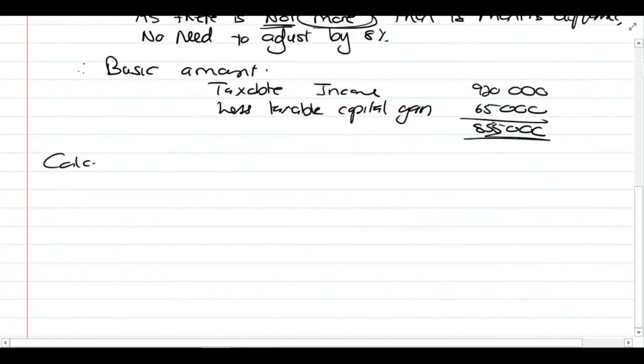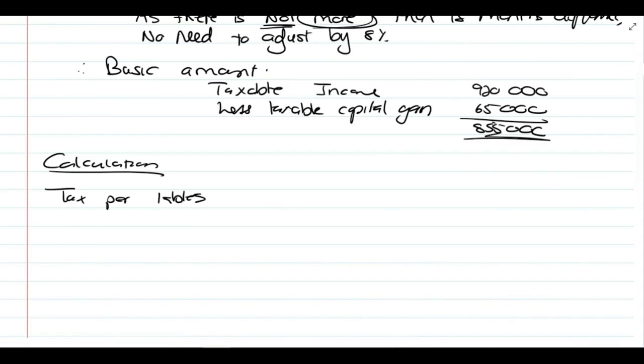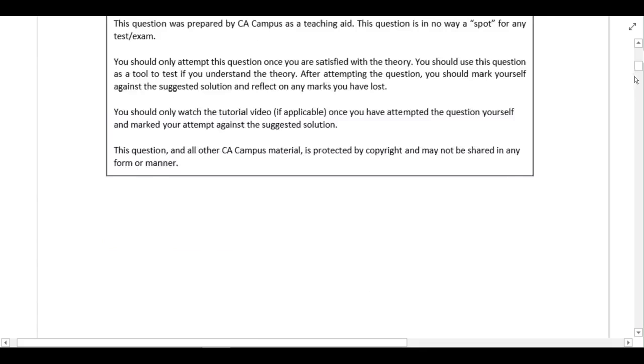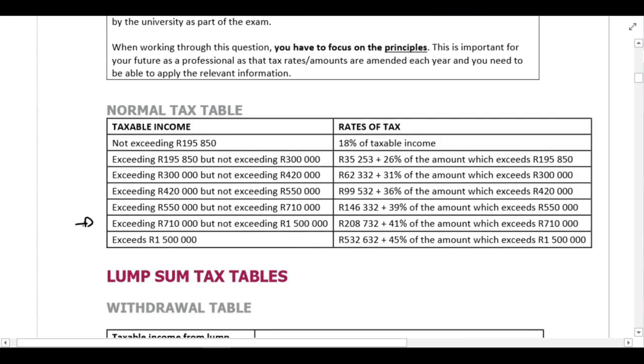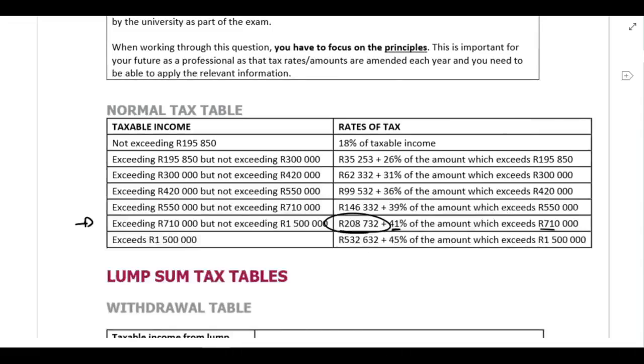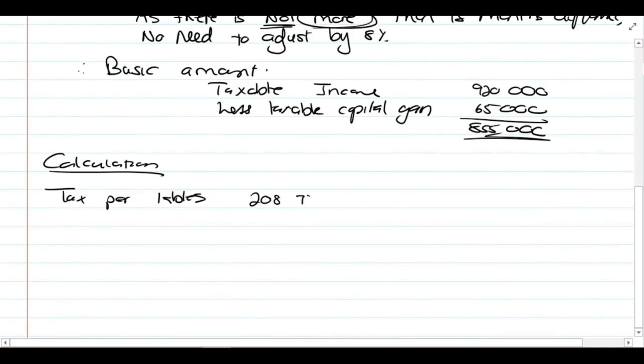So, calculation, tax per our tax tables. So we just make that a little clearer, 855. We go to our tax tables, which are the relevant ones which are given to you guys. 855, we're in this tax bracket. So it's 208,732 plus 41% of the amount which exceeds 710,000. So that is 208,732 plus 41% of the amount 855, which exceeds in this case 710.